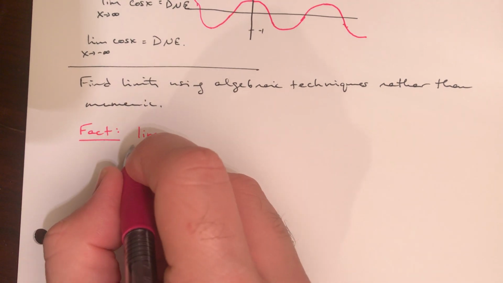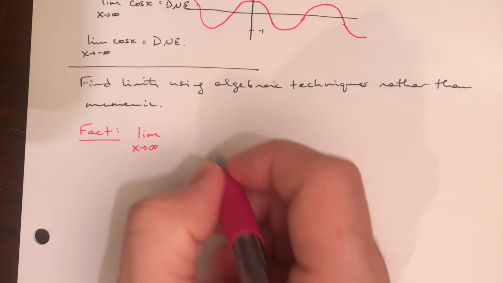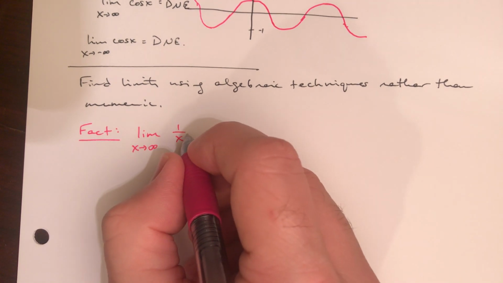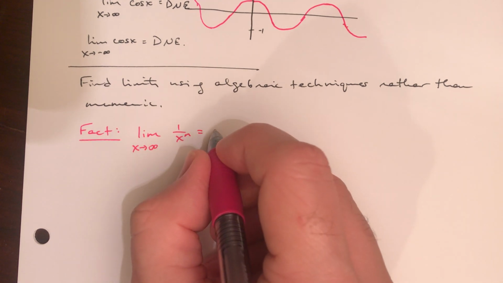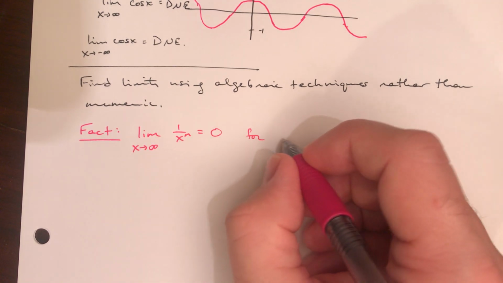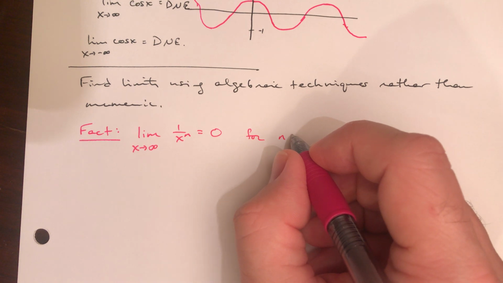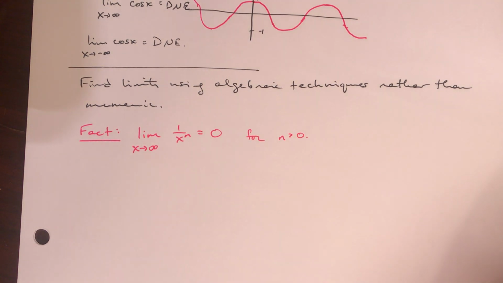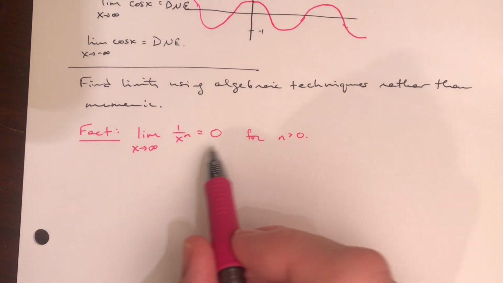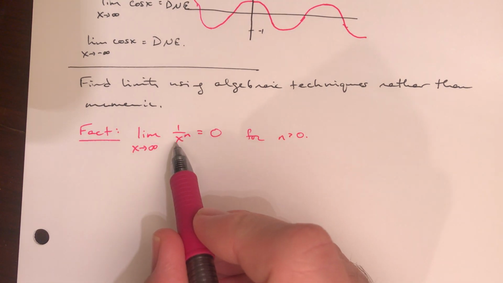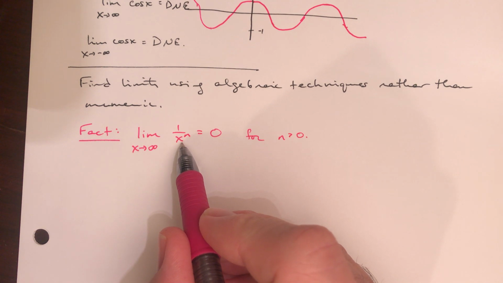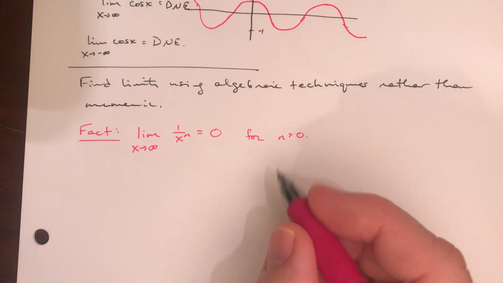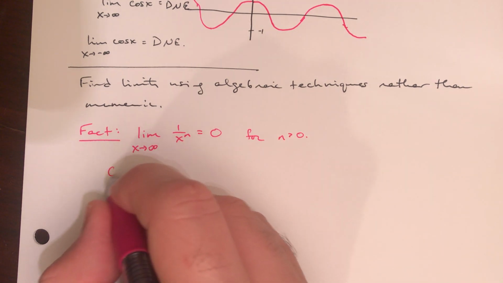The limit as x goes to infinity of 1 over x to the n power is 0 for any exponent bigger than 0. So as long as we have this 1 over x to some power in the denominator, that limit is going to be 0. And you can sort of check this out.